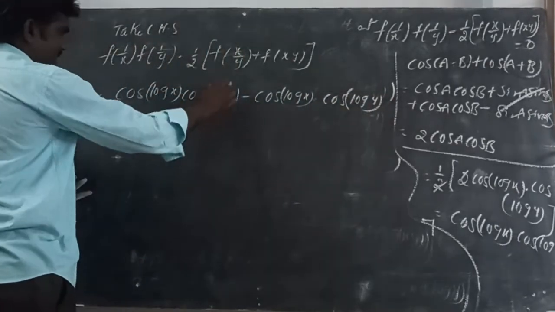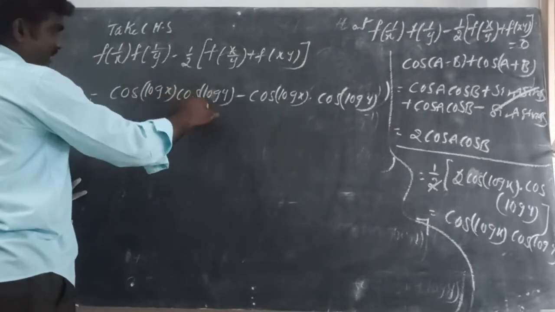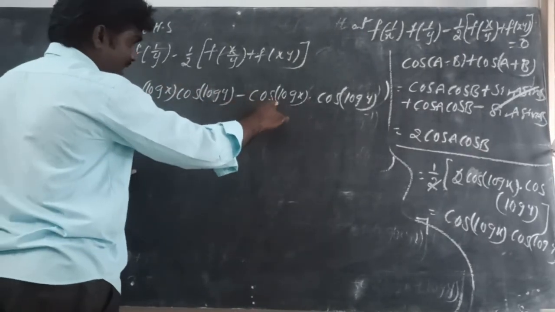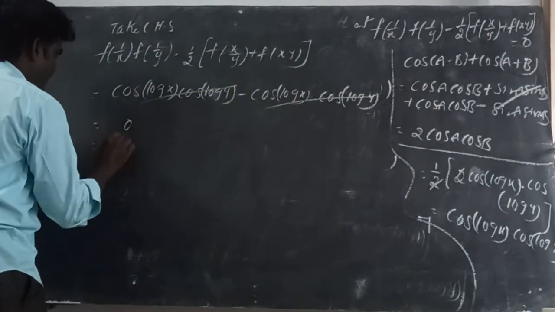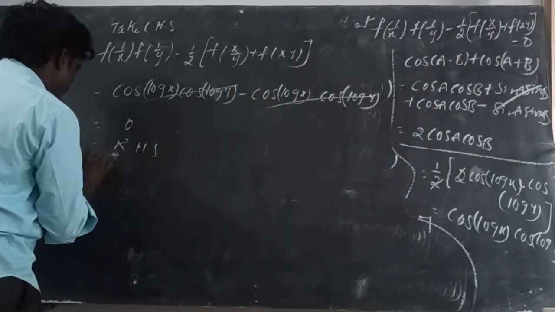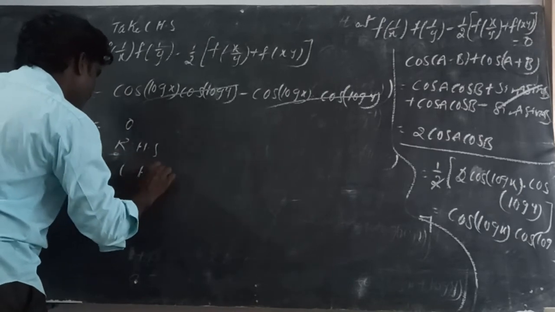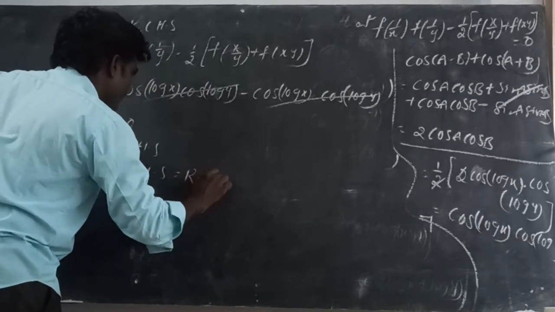So cos log x cos log y minus cos log x cos log y cancel, and the result is 0, which is the RHS. Therefore LHS equals RHS, hence proved.